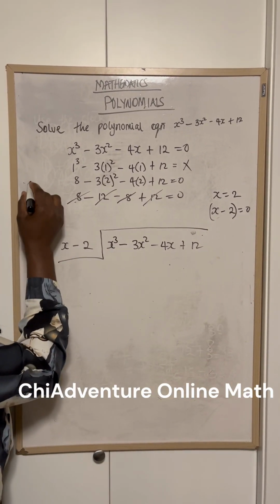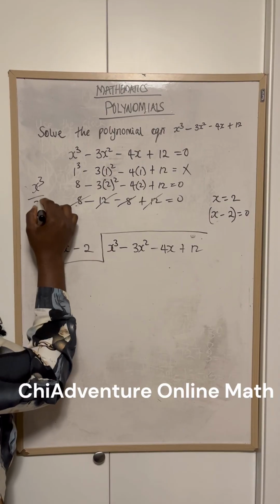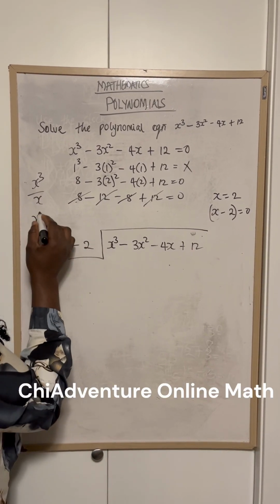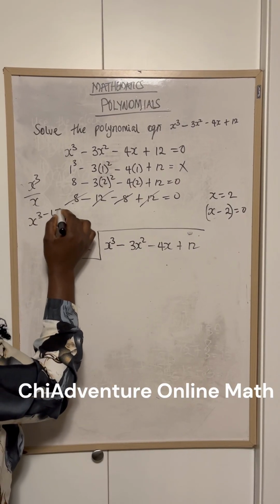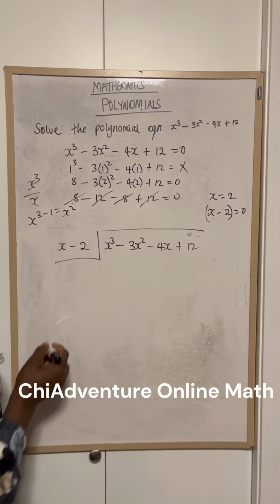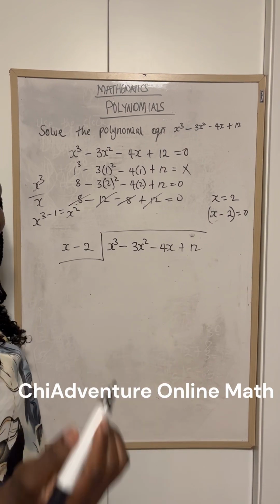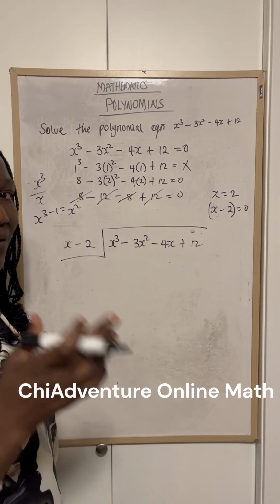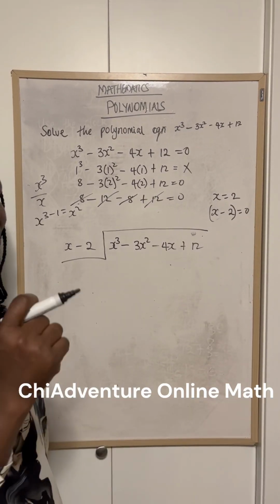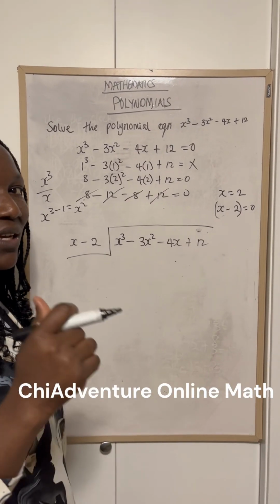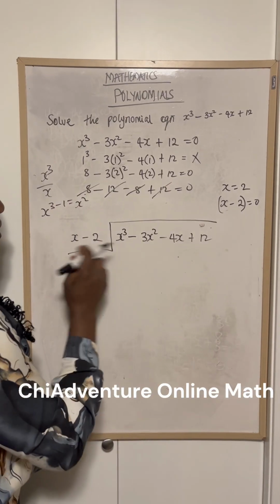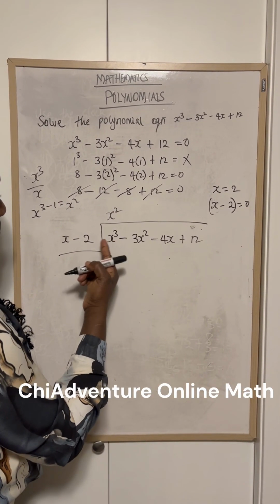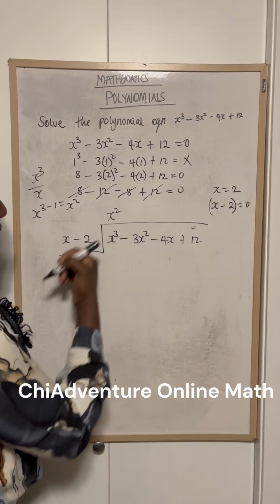X cubed divided by x is the same thing as saying x, remember our indices, x raised to the power 3 minus 1, which is equal to x raised to the power of 2. Remember the last video we did on indices. If you have not seen the indices video, please do well to go back to my channel and watch it. So this would give us what? X squared. X cubed divided by x will give us x squared.